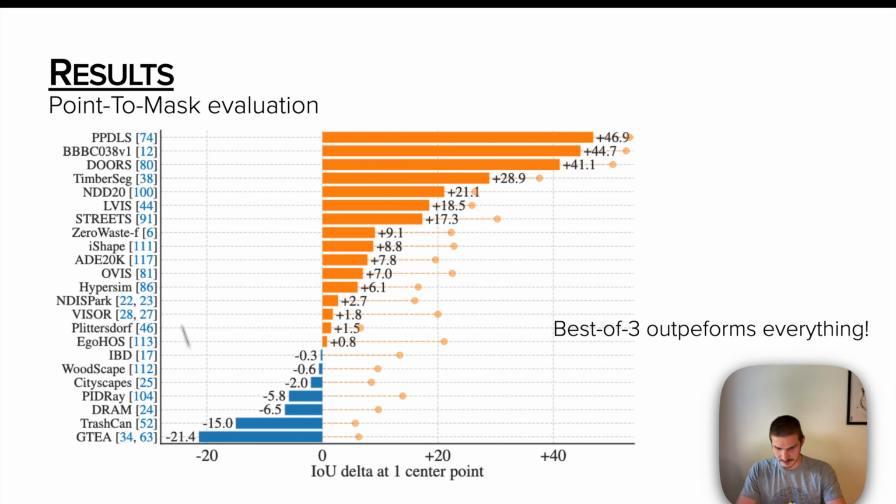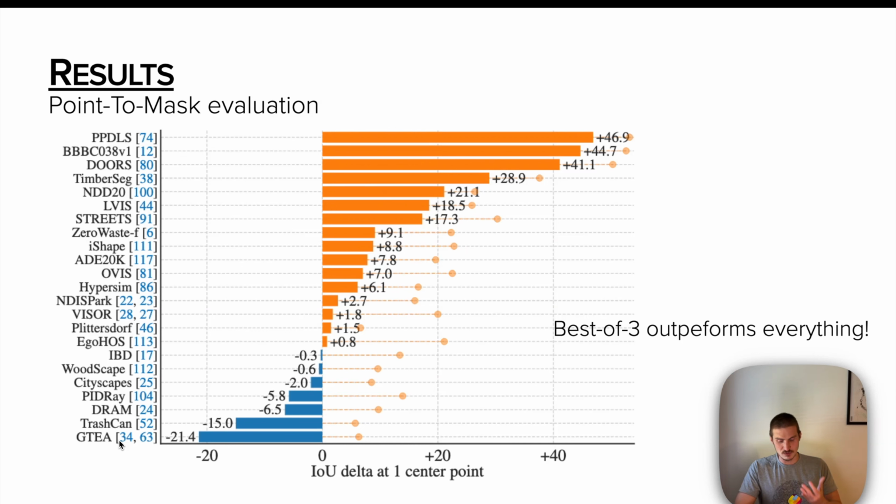And so they have two numbers here. One number is just for a single evaluation. And remember, the SAM model outputs several masks corresponding to parts of the object itself, the subparts. And depending on the dataset, that's not actually what we want. So in such a case, when you just want one mask and you select the mask with the most confidence, sometimes you actually get inferior results, like on this GTEA dataset.